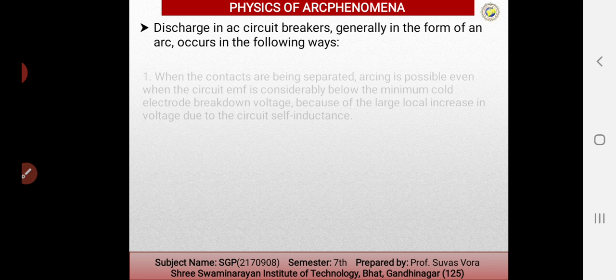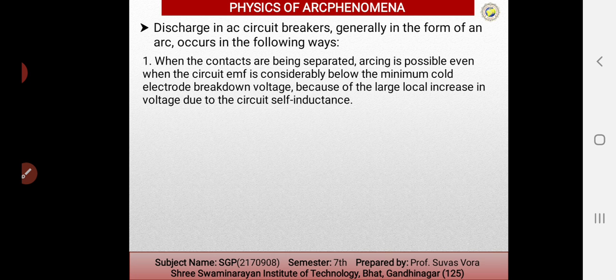The first one is, when the contacts are being separated, arcing is possible even when the circuit EMF is considerably below the minimum cold electrode breakdown voltage, and causes a large local increase in the voltage.